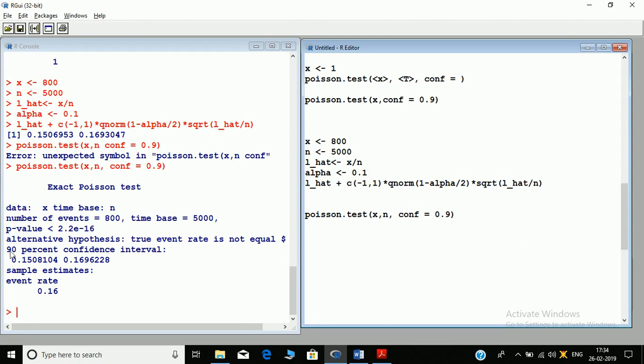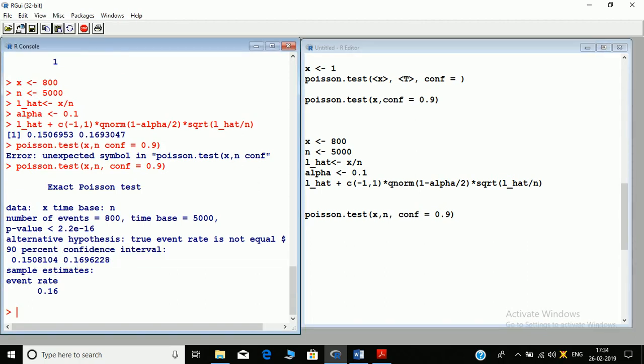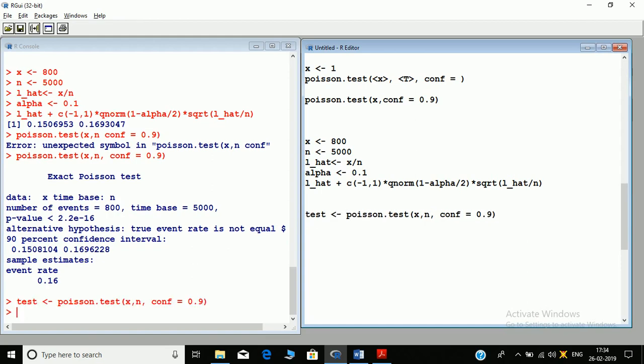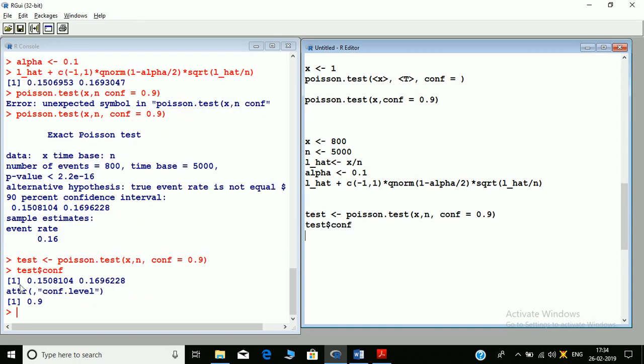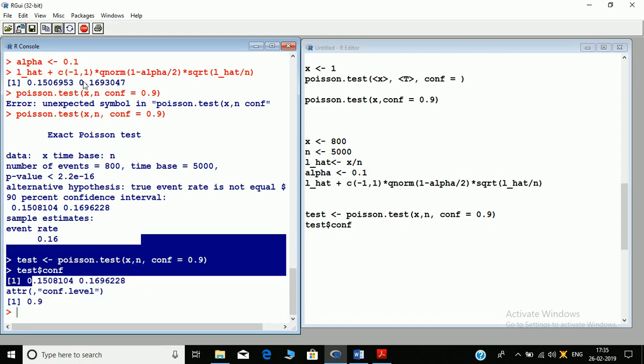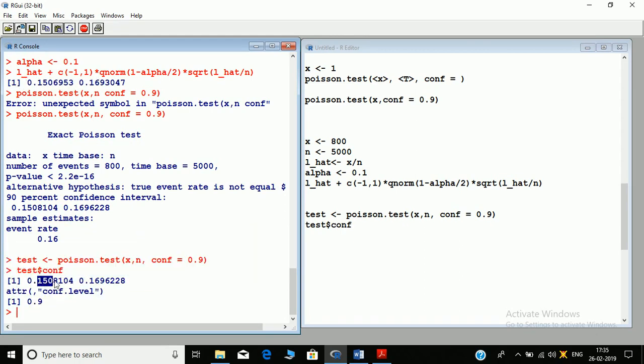So this is a 90% confidence interval. Same way we can extract the confidence interval value for Poisson dot test also. Every time I am giving the test a name, but you can give any name over here. So 0.150814 and 0.16968. Again there is a difference between these two because this one is the normal approximation, this is the exact Poisson test.